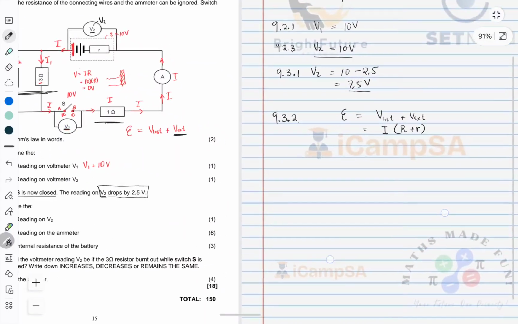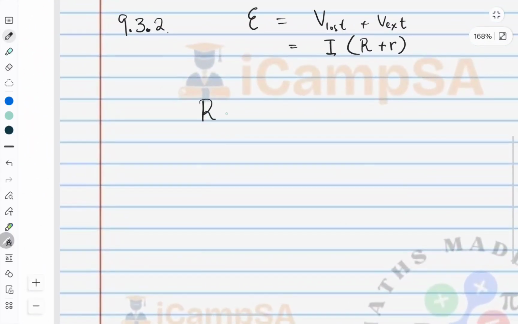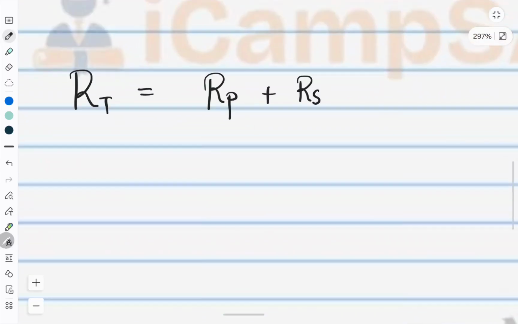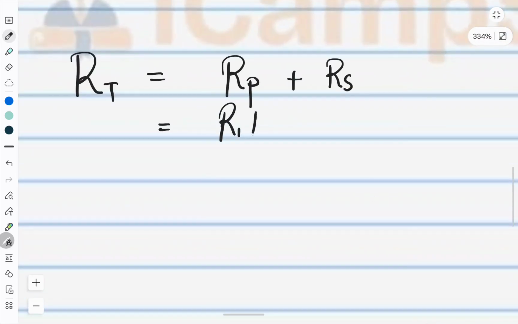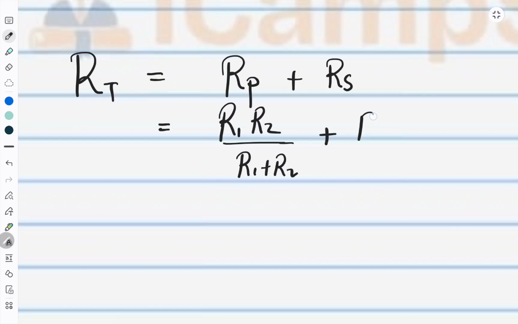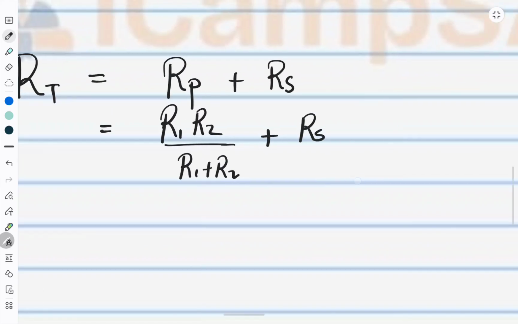So let's go ahead. We can say R_T, let's call it R_T, which is the total resistance, is equal to R_P plus R_S. R_P, since we have two resistors in parallel, we can use this one, R1 times R2 over R1 plus R2, plus R_S.